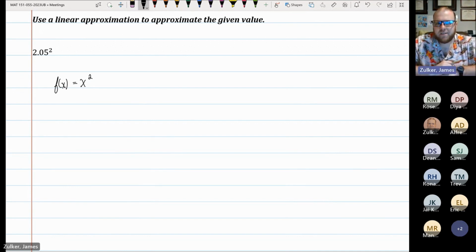Now we want a point, a value that is close to 2.05 that we know the square of in this case. Well, 2, wouldn't it? f prime is 2x. So we can find the linearization now.